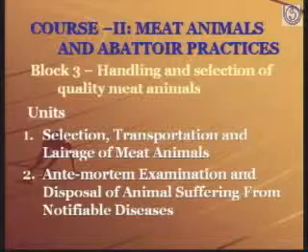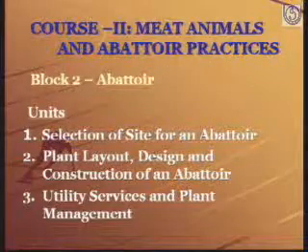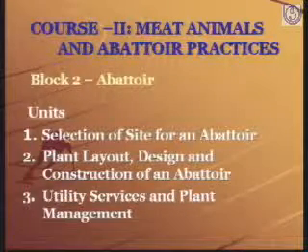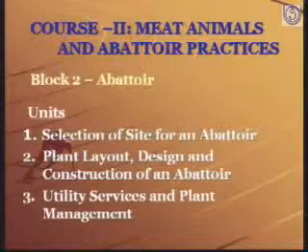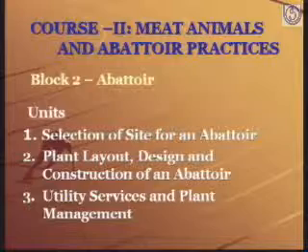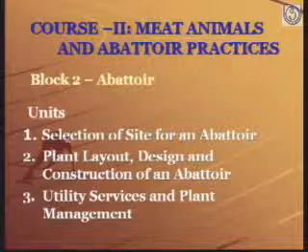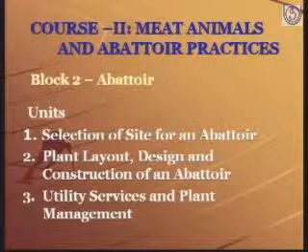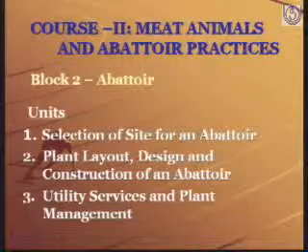For plant layout, this unit will cover different components of a meat plant like the resting place for animals, lairage, holding pen, slaughter hall, bleeding room, dressing room, deboning and meat cutting room, the rendering room, offals room, packaging room, and detained meat room, condemned meat room, etc. The plant layout should be such that there are facilities for carrying out humane slaughter, humane and hygienic flaying, dressing, antemortem and postmortem inspection, laboratory for quality control, staff welfare, chilling storage, etc.